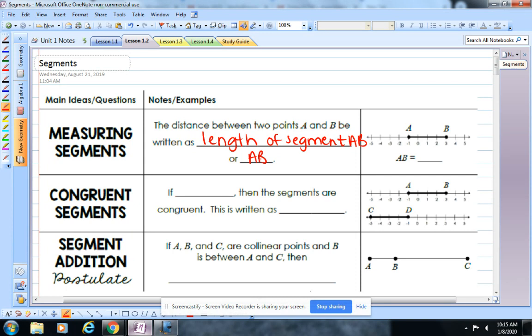If we're talking about the length, it's just the two letters together. Go ahead and add this to your symbol sheet: a straight bar with no arrows means you're talking about the segment itself.